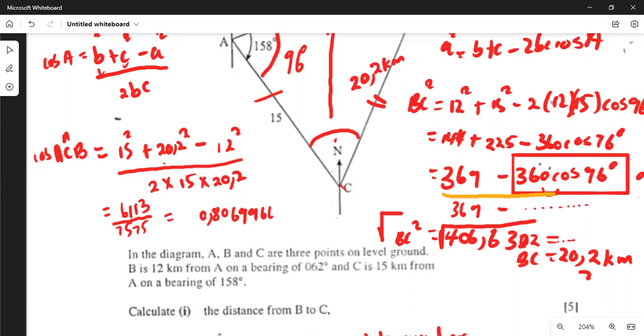6 something like that. All right, so that is the decimal part of cos ACB, but we want to find the angle ACB. So how are we going to calculate ACB? Angle ACB is the arc cos of 0.8069.. something like that. So we use arc cos, which is shift cos or second function cos, depending on the calculator that we are using.